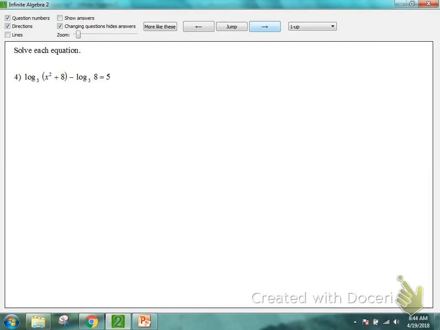Okay? Which means we got to get this down so that we can switch it again. So we have this subtraction here, which means we're going to do what this time? Divide. Okay? This is a full quantity that you're taking the log of, right? You're taking the logarithm of x squared plus 8.